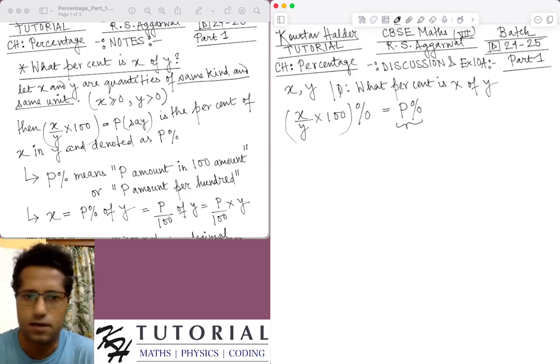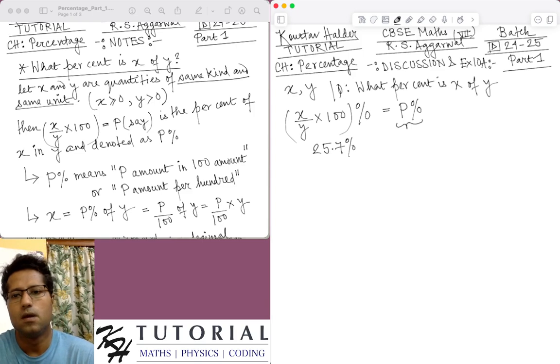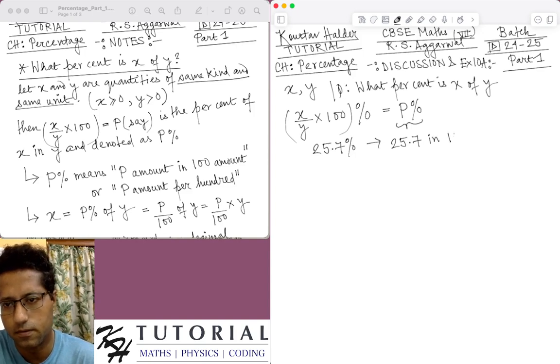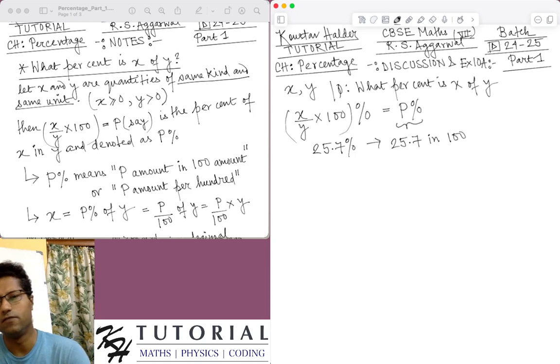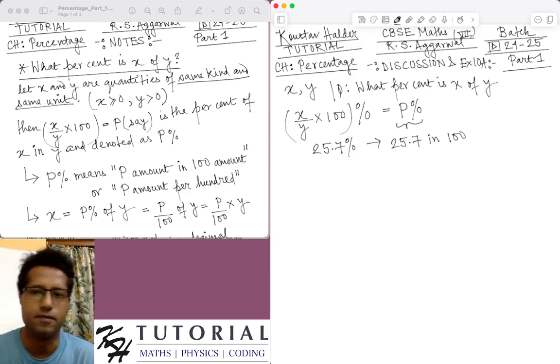So if we have something like 25.7%, what does this mean? This means an amount of 25.7 in 100, or 25.7 per 100.